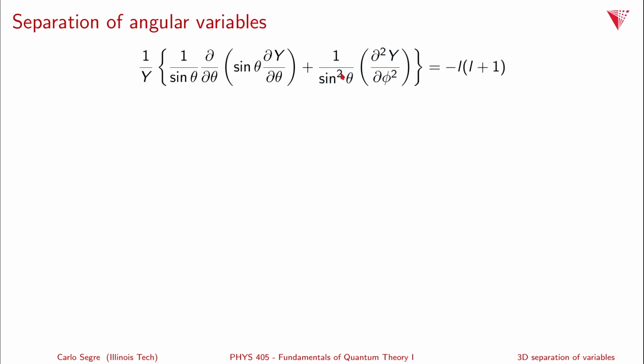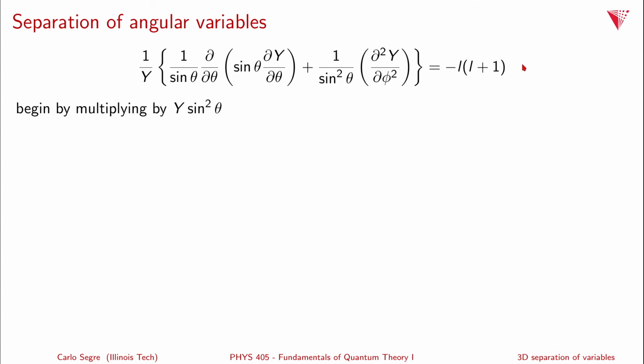So we're starting with this equation, which we had on the previous slide, and now we're going to assume a separable function. But before we do that, we're going to multiply everything times Y times sine squared of theta. So that will cancel this Y out here.